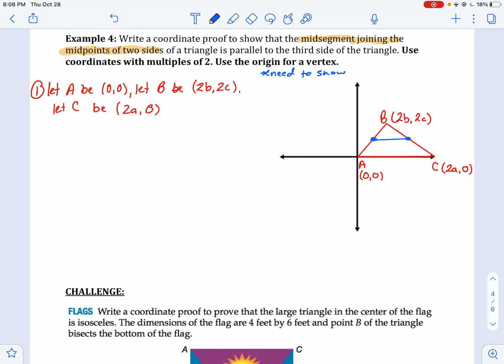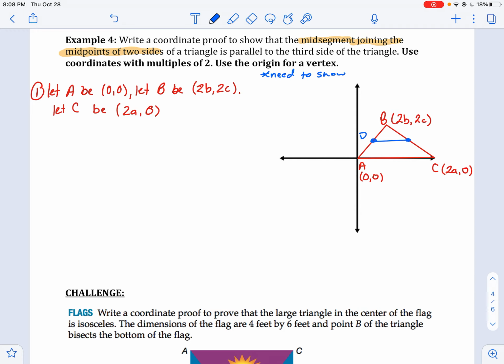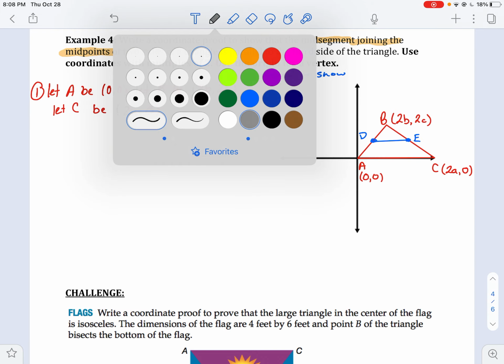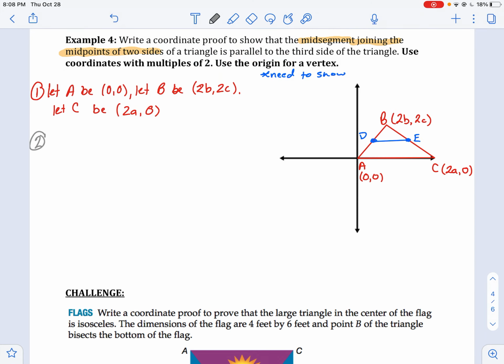So I need to show that, and let me introduce some letters here, D and E. So I should say that, let the midpoint of AB be D. Let the midpoint of BC be E. And I'll have to find those coordinates in just a minute.